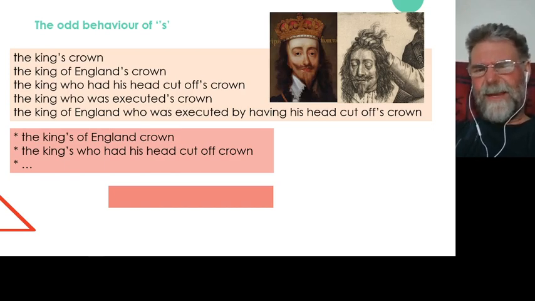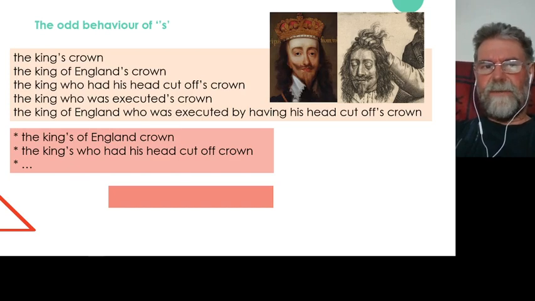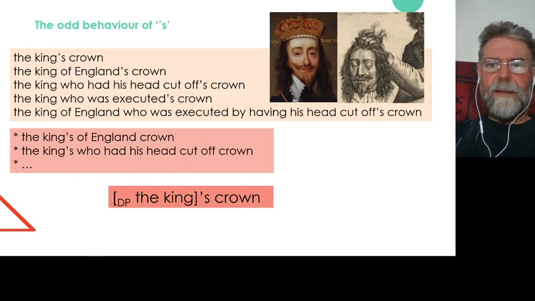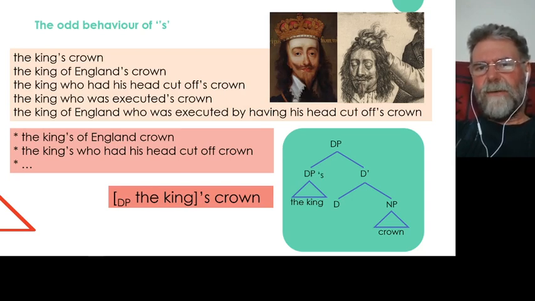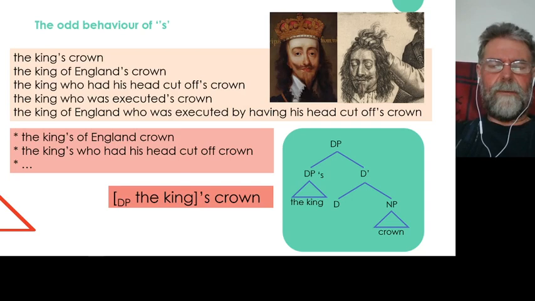And in fact, it's fairly obvious that if you look at this data here, what's going on is that the S element isn't attaching itself to any particular word in the possessor DP at all. What it's doing is attaching itself to the end of the whole DP. It seems, therefore, that this S morpheme, the supposedly genitive S morpheme, is attaching itself to a phrase, not to a word.